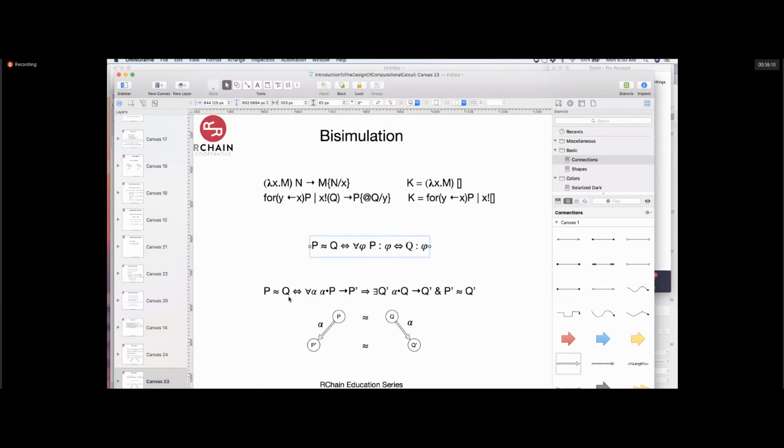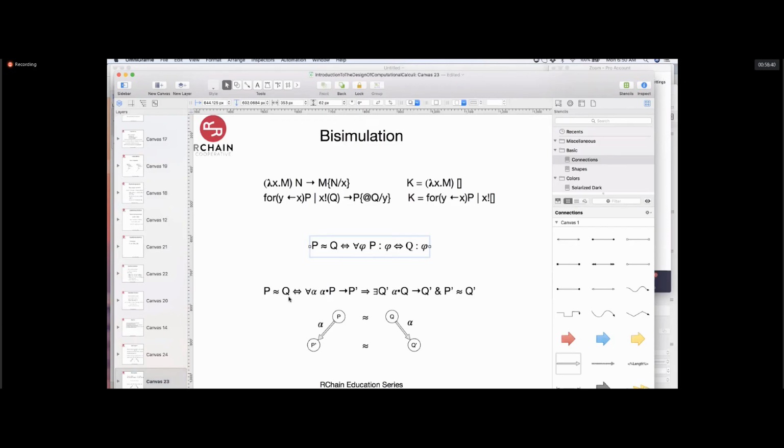So if you just make sure that all the steps in the reduction relationship match, you look at each step in a sequence of evolutions. Then P and Q are trace equivalent if all the traces P makes are made by Q and all the traces Q makes are made by P.